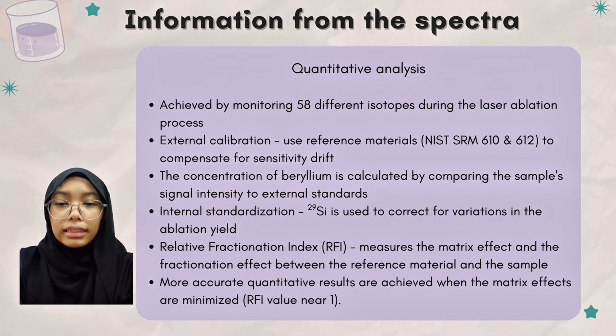For quantitative analysis, standard reference materials such as NIST 610 and 612 were used as external calibration to compensate for sensitivity drift. The concentration of beryllium is calculated by comparing the sample signal intensity to the external standards. Internal standardization such as 29 silica is used to correct the variations in the ablation yields. Relative fractionation index (RFI) measures the matrix effect and the fractionation effect between the reference material and the samples.